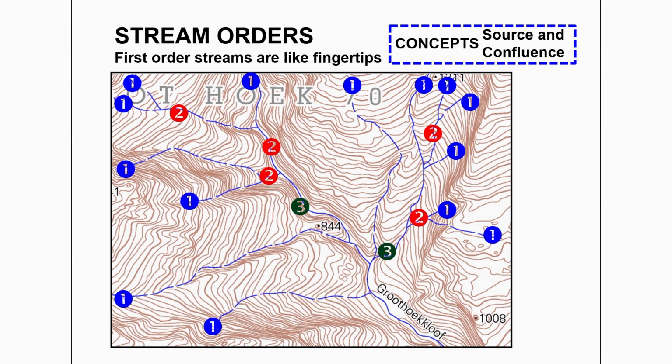Now 2 and 2 produce the third order, because 2 and 2 are the same order. Two streams of the same order produce a higher order.